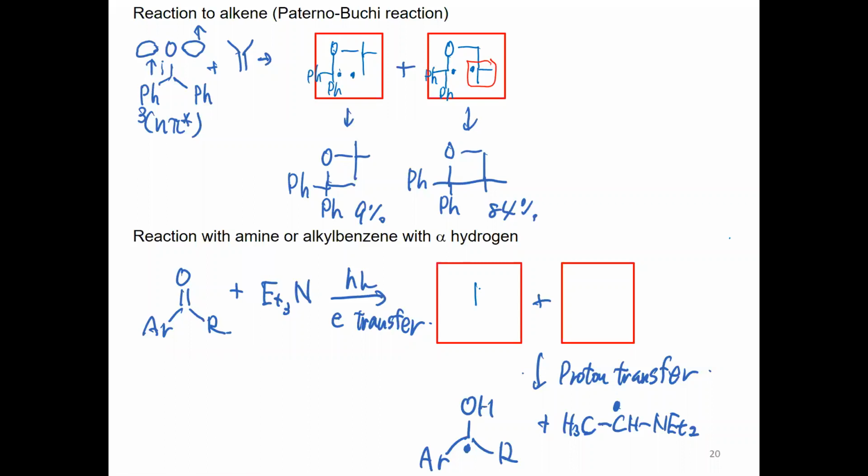What you could obtain is oxygen accepting the electron from the electron donor, and then this triethylamine is going to give one of its hydrogens, which is taken. Then you could obtain these two radical species, and after that it's going to react, taking hydrogen or something.